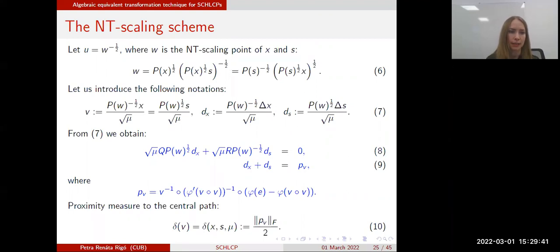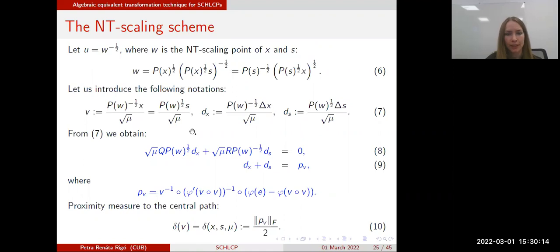So for this, let U be W to the power of -1/2, where W is the Nesterov-Todd scaling point of X, and that's what I showed in the first part of the presentation. And let us introduce the following notation. For those who dealt with more specific problems, this would correspond to the variance vector, for instance, in case of linear programming, to the square root of xs over mu.